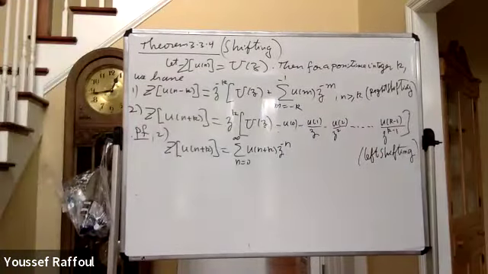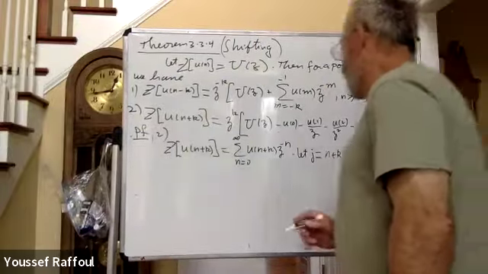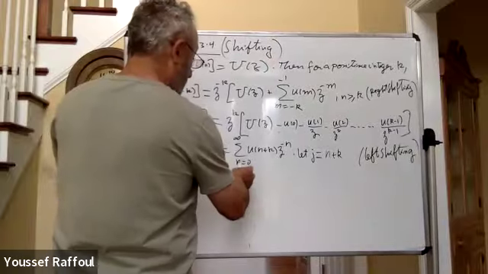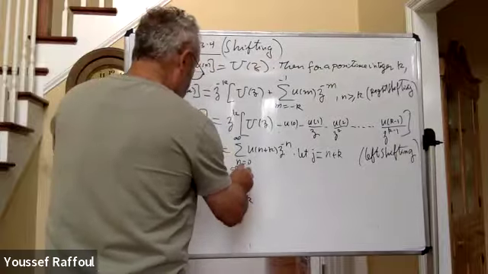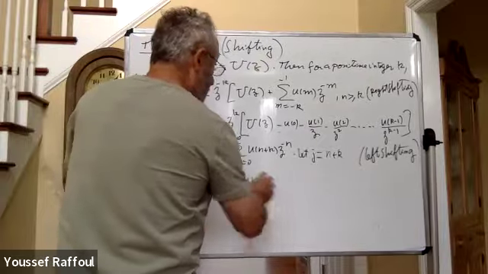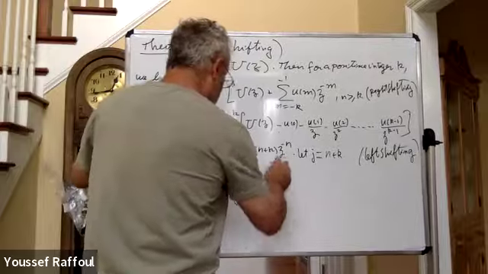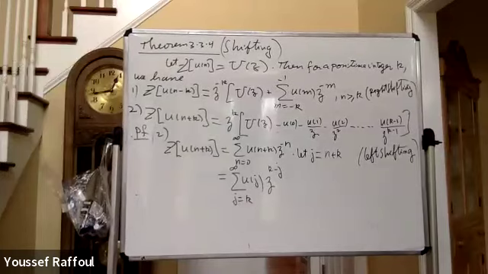So we're gonna let j equal to n plus k. Then this is equal to the sum j equal k to infinity of u_j z^(-(j-k)). Okay. So far, so good.